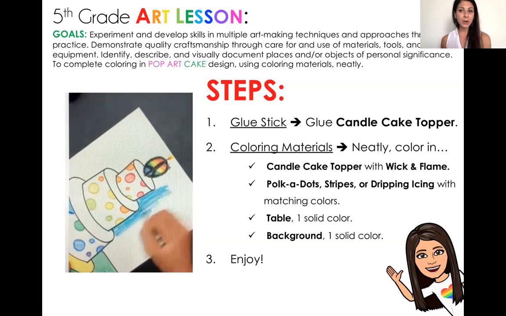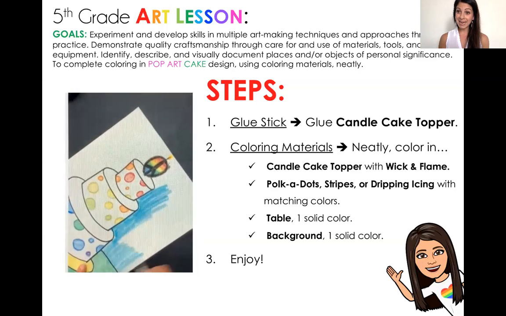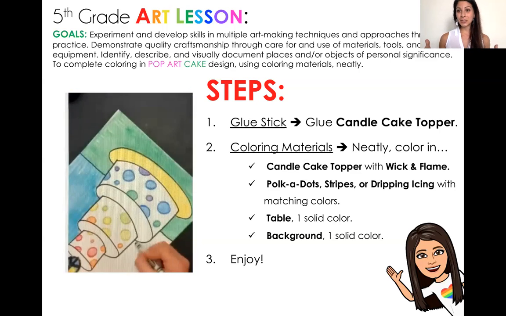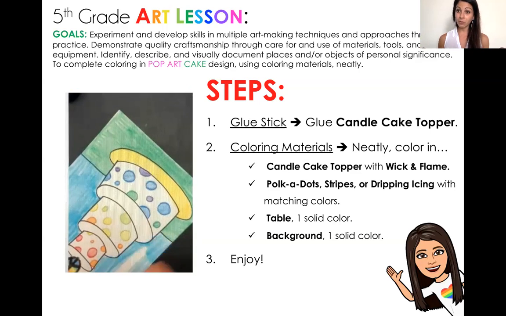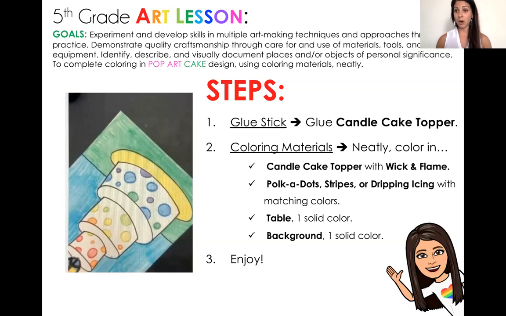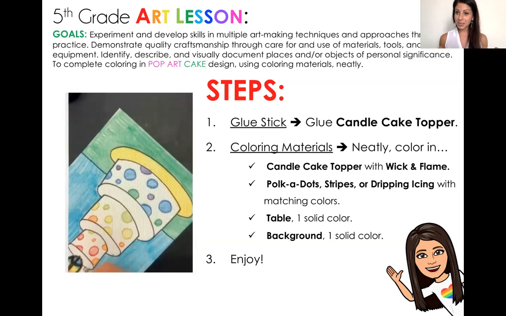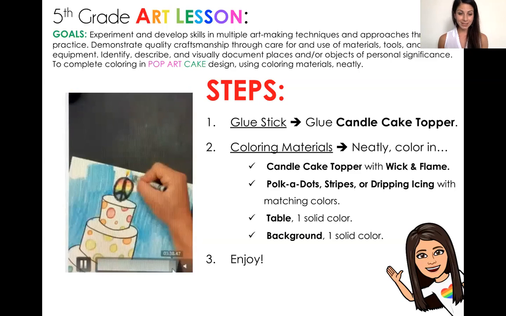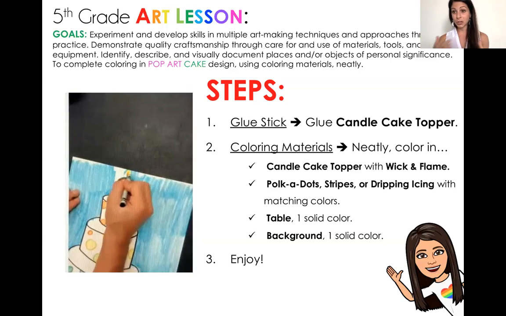Does anybody know why for this project that might be a good decision to make? You are correct. We want to make sure that all of the attention is on the focal point, which is our pop art cake. Sometimes if you add too many details to these other areas, it can distract you from the main purpose of the artwork.